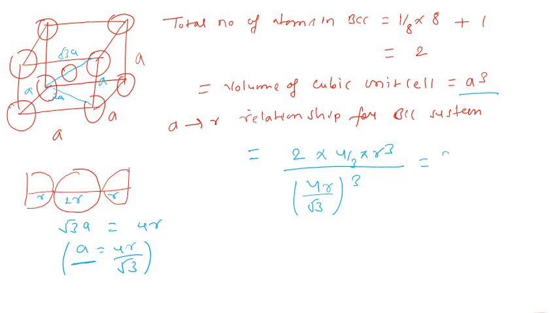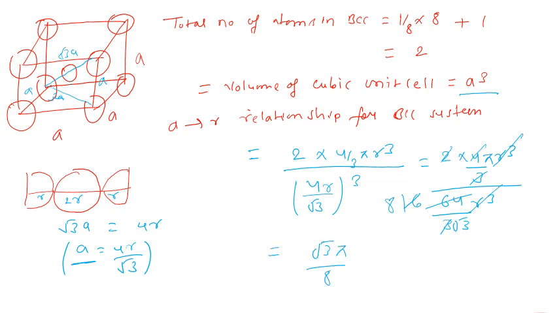Now let me simplify 4 by 3 pi r cube over 64 by 3 root 3 r cube. Now we will cancel it out. 4 into 2 is 8, and this is 64, so 8, and this 3 will cancel out with this 3. So we will have root 3 pi by 8.